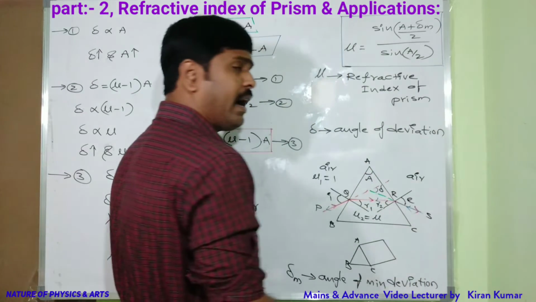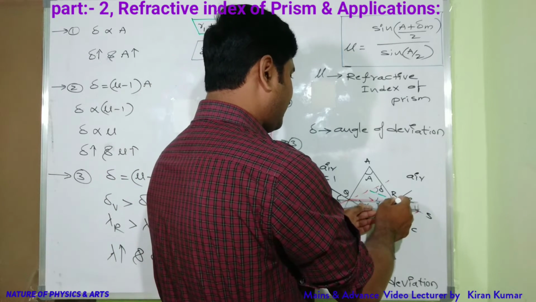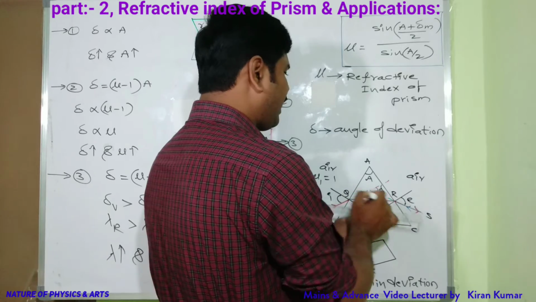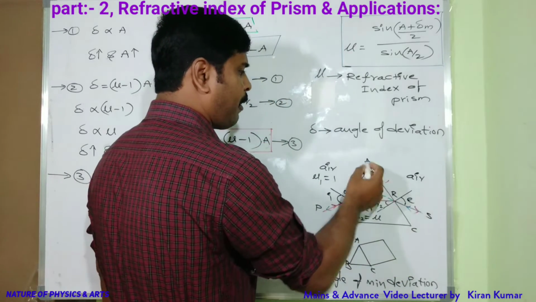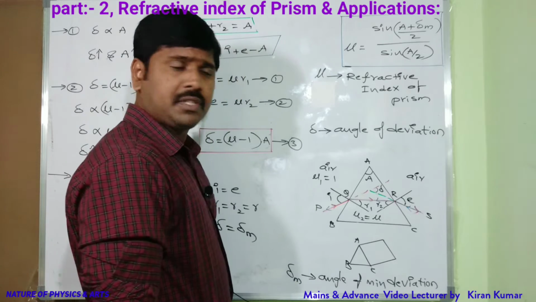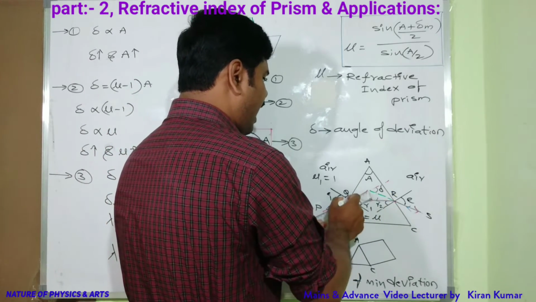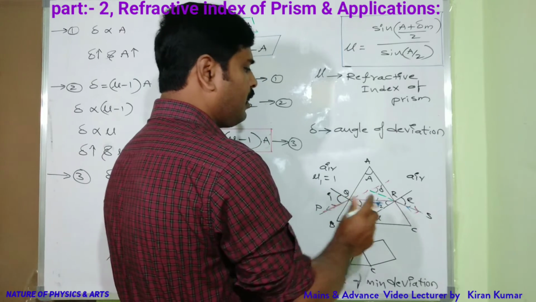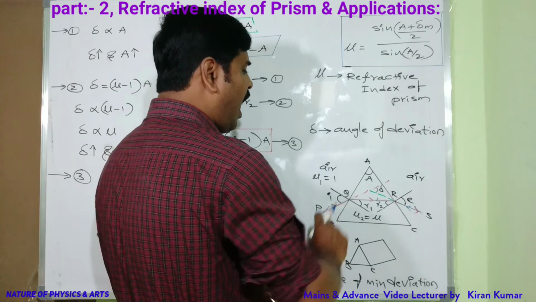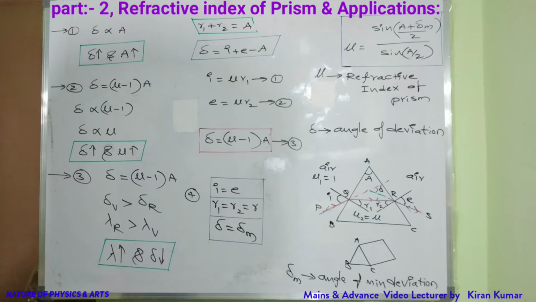Now i is the angle of incidence, and r2 and r1 are taken as refraction angles respectively at the AC surface and AB refracting surface, and we can consider e as the angle of emergence. That's why the law of refraction is obeyed in the prism.